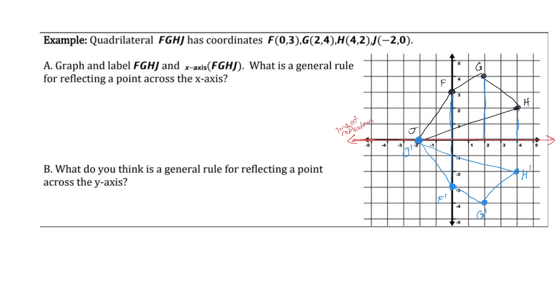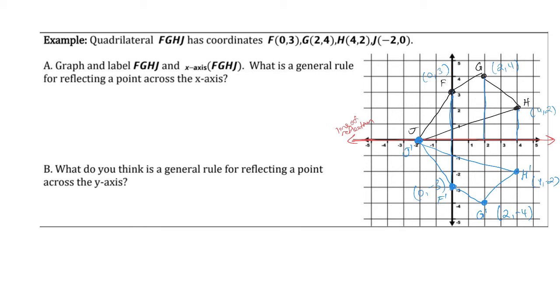Now let's examine what happened. We can see our x's stayed the same. Our F was 0, 3, and then it becomes 0, negative 3. So the only thing changing is our y's. Now let's look at G. G is 2, 4, and G prime is 2, negative 4. H is 4, 2, and H prime is 4, negative 2.